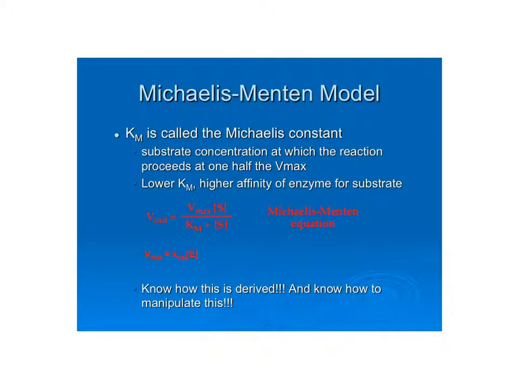Okay, and so we have this Michaelis-Menten equation here, which is abbreviated as V initial, or V naught. Here, let's move this out of the way.